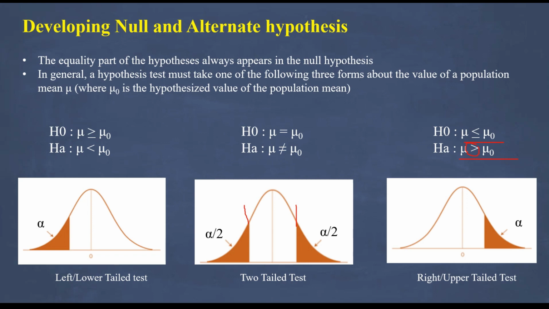Since it is a greater than sign, the test becomes a right tail test, or upper tail test, and it is basically one tail. So your alpha will only be in the one tail. That's why it is called a one tail test. It is only alpha and not alpha by 2 because it is only one tail.